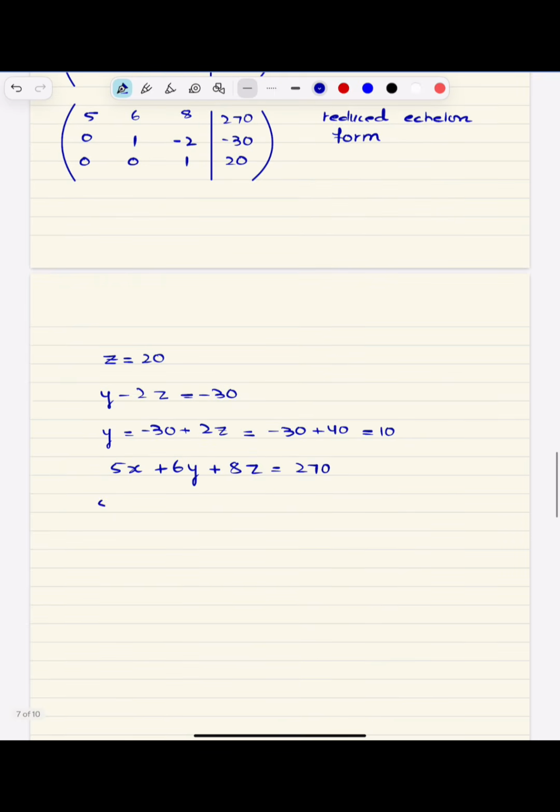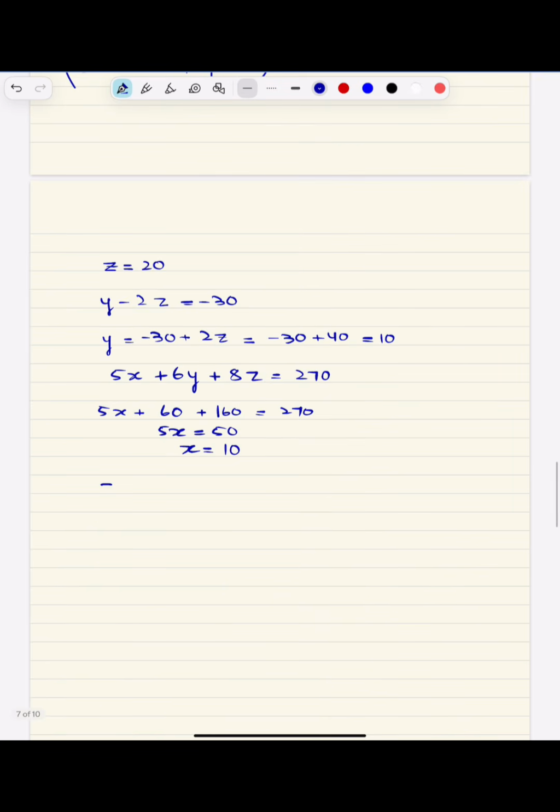So we have 5x plus 6 into 10, which is 60, plus 8 into 20, which is 160, and we have 270 here. So 270 minus 160 minus 60 is basically 50. So we have 5x is equal to 50. Therefore x is equal to 10.